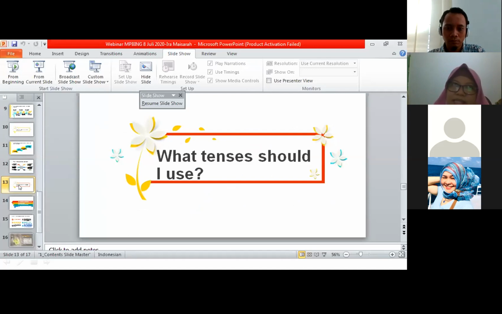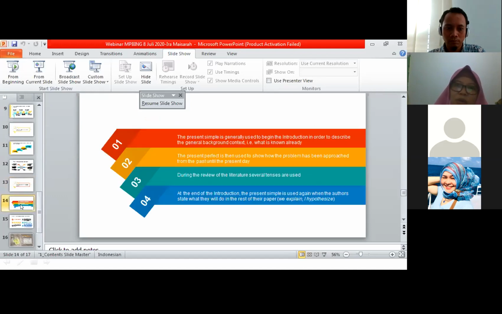Actually, there are some kinds of tenses that can be used in the introduction itself. It depends on what we are going to discuss, what we are going to describe in our introduction. We can use the present simple generally to begin introductions, or sometimes we can use the present perfect, and sometimes we can use several tenses, depending on our descriptions.